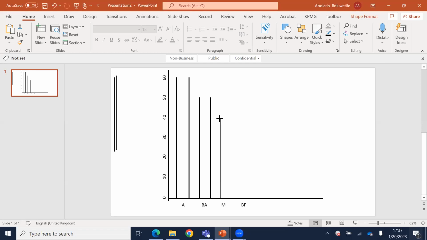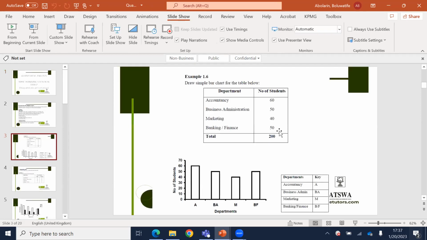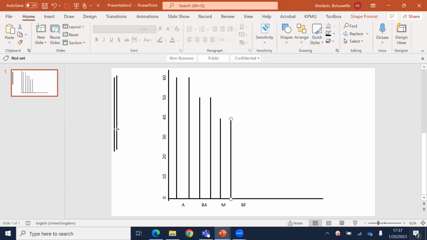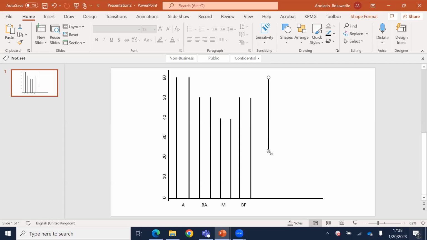This is where 40 stops. The next one is what? 50. So just so it makes sense, you can actually cover it.